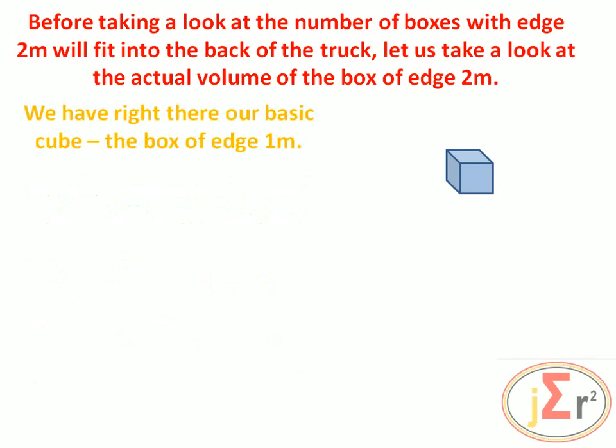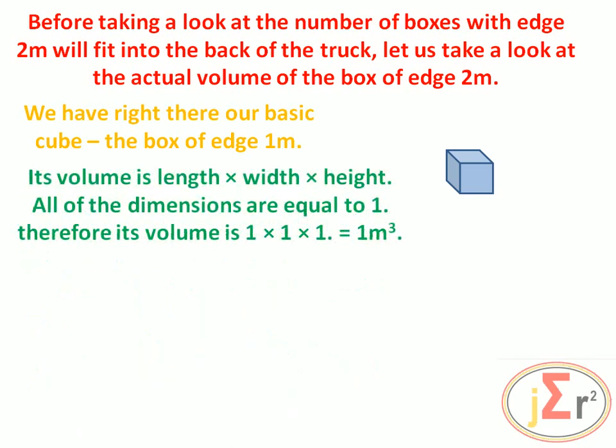There we have our basic cube, the box of edge 1 meter. Its volume is length times width times height. All of the dimensions are equal to 1. Therefore, its volume is 1 times 1 times 1, which is equal to 1 cubic meter.